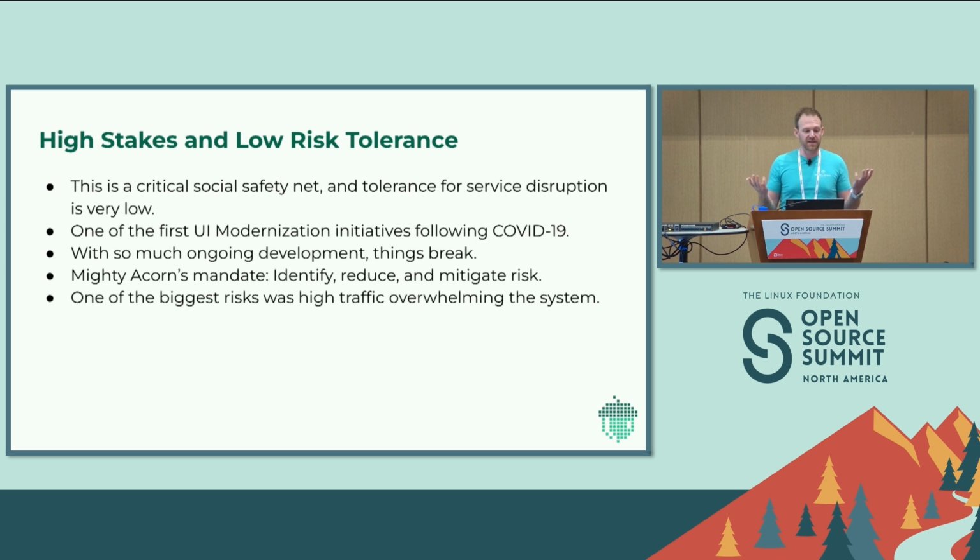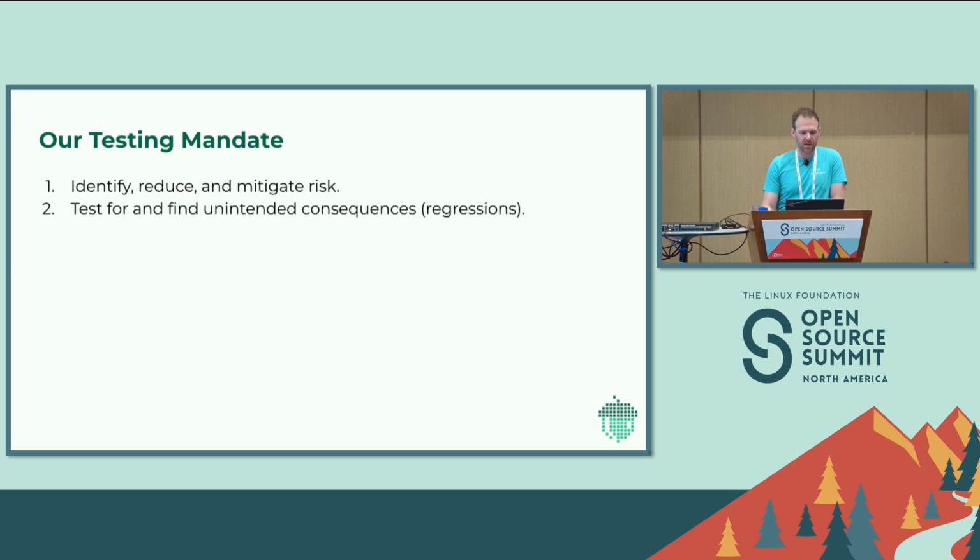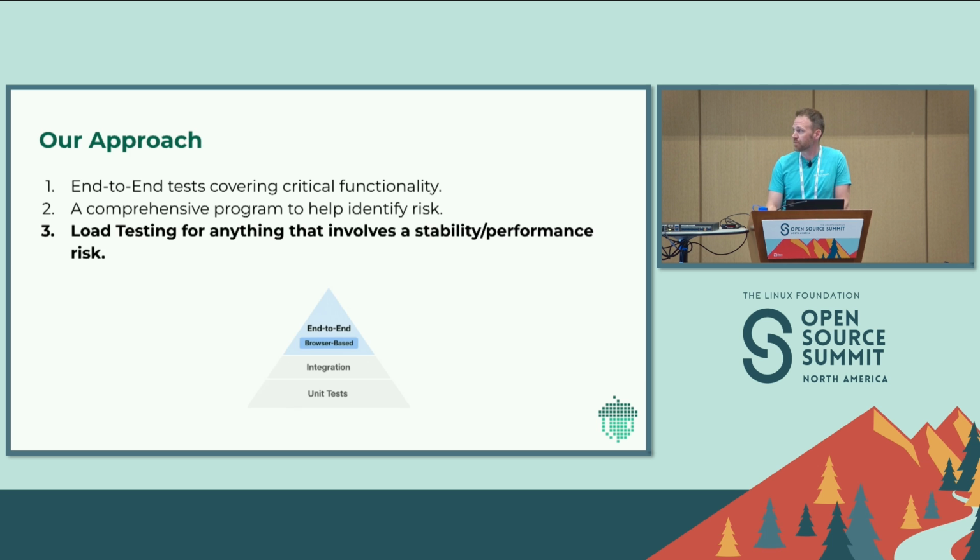And obviously, as I mentioned, with so much ongoing development, things do break. There's a lot changing all at once. And so as we came onto the project, our mandate was to identify, reduce, and mitigate risk. And one of the biggest risks that we saw was high traffic. So, given that that's our mandate, our job is to test for and find those unintended consequences or regressions as they happen.